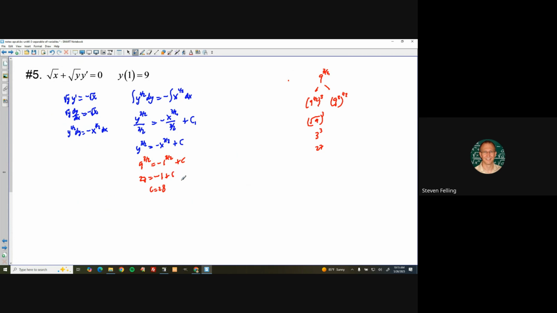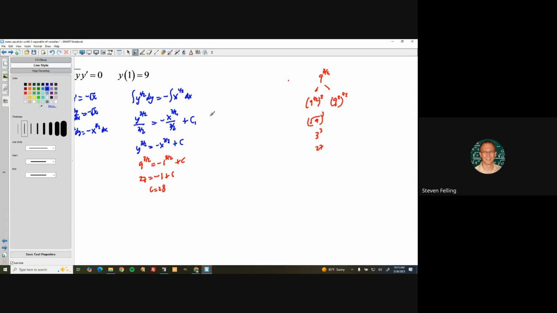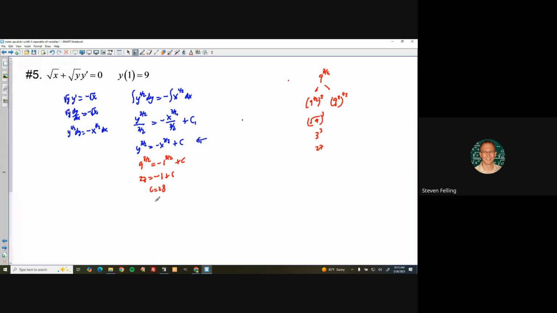Okay, so then I'm going to rewrite this. Go back to this version right here, and I've got y to the 3/2 power equals negative x to the 3/2 power plus the c of 28. This is the implicit form. And now we want to go ahead and undo this.